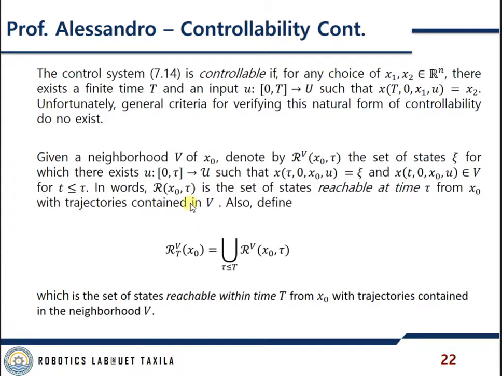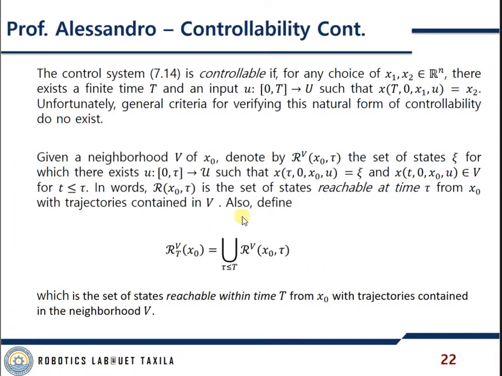In other words, this R_v(x naught, t) is the set of states reachable at time tau from x naught with trajectories contained in v, that is the neighborhood of x naught. Also define R_v(t, x naught) to be the union over t less than or equal to tau of R_v(x naught, t).